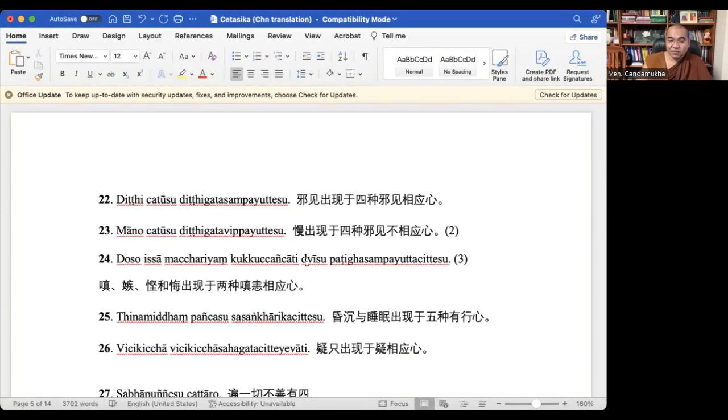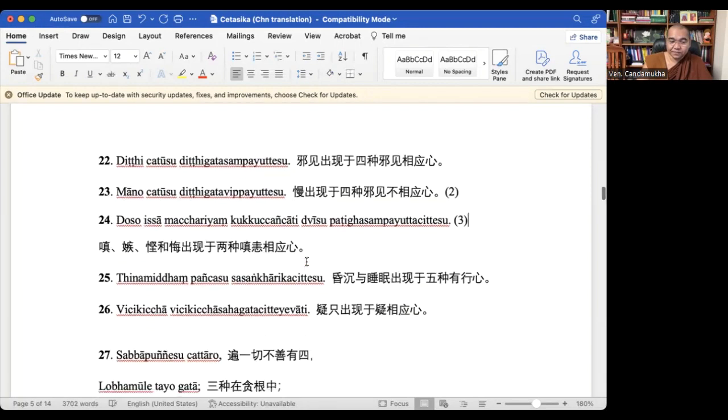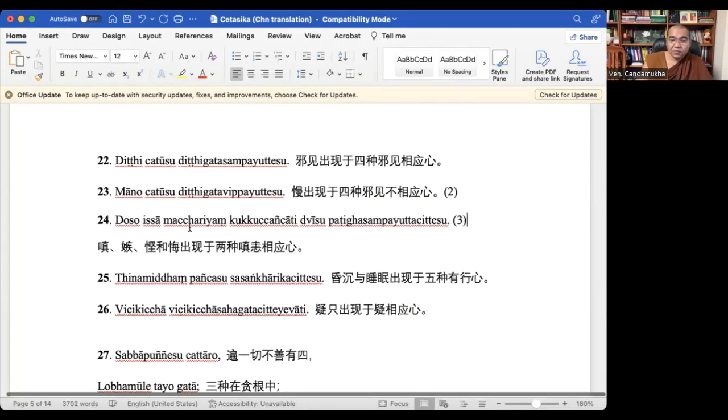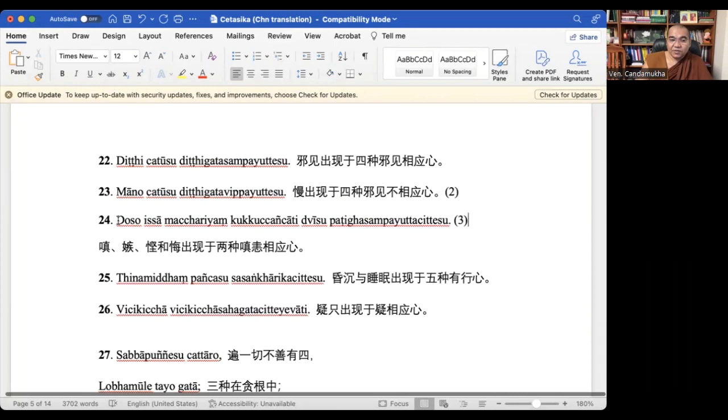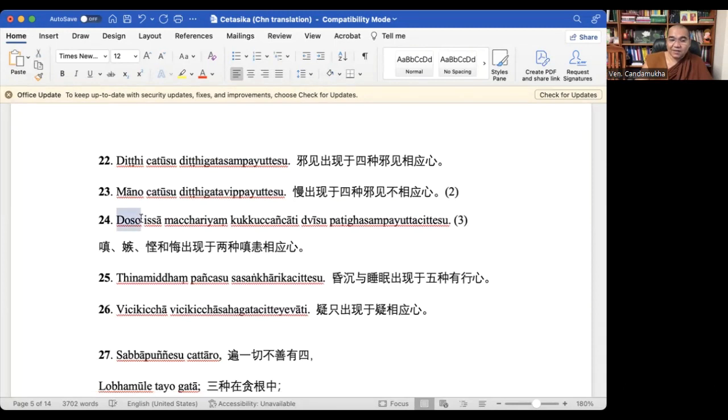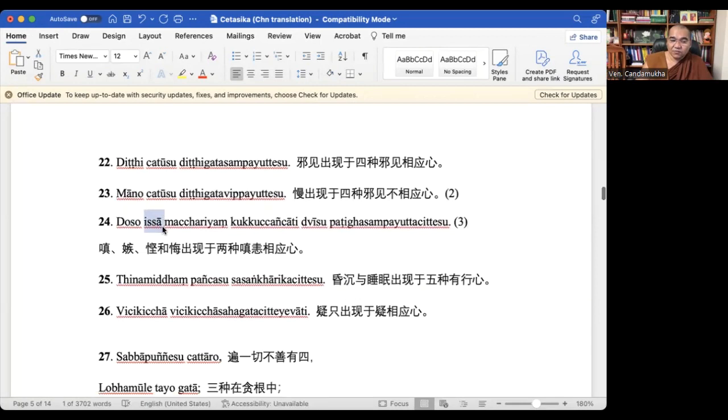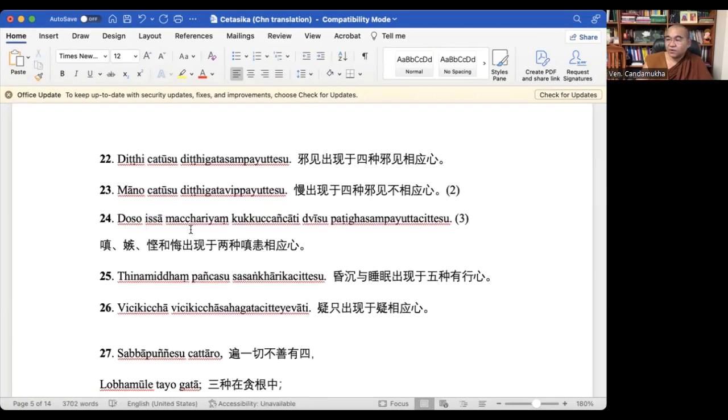Dosa, issa, macchariya, kukkucca. Here, some people say, okay, dosa is very easy to understand. Issa also: we feel uncomfortable or envious when other people are enjoying.